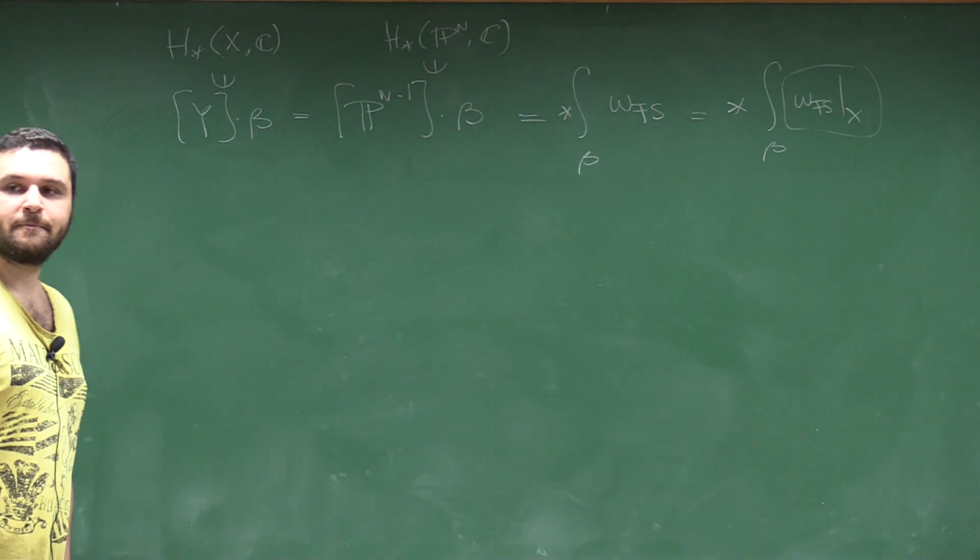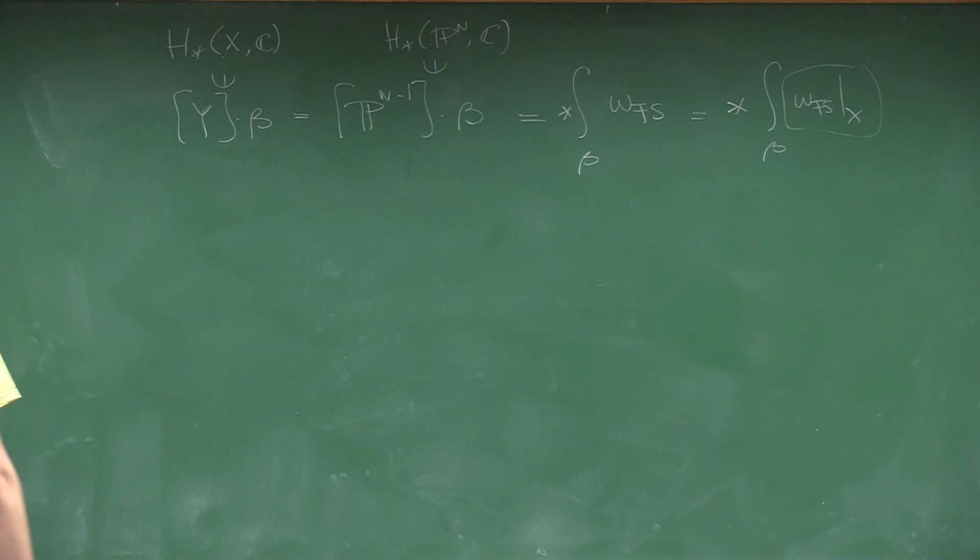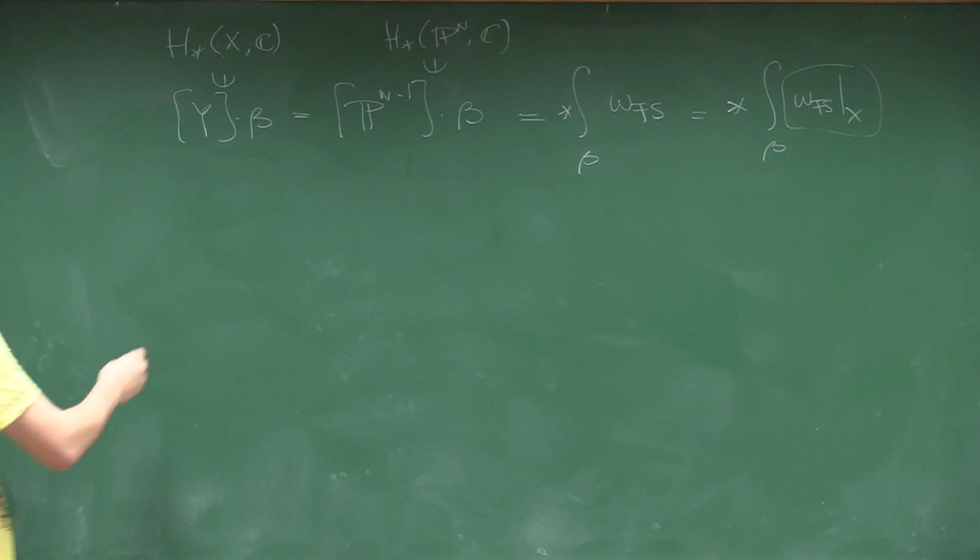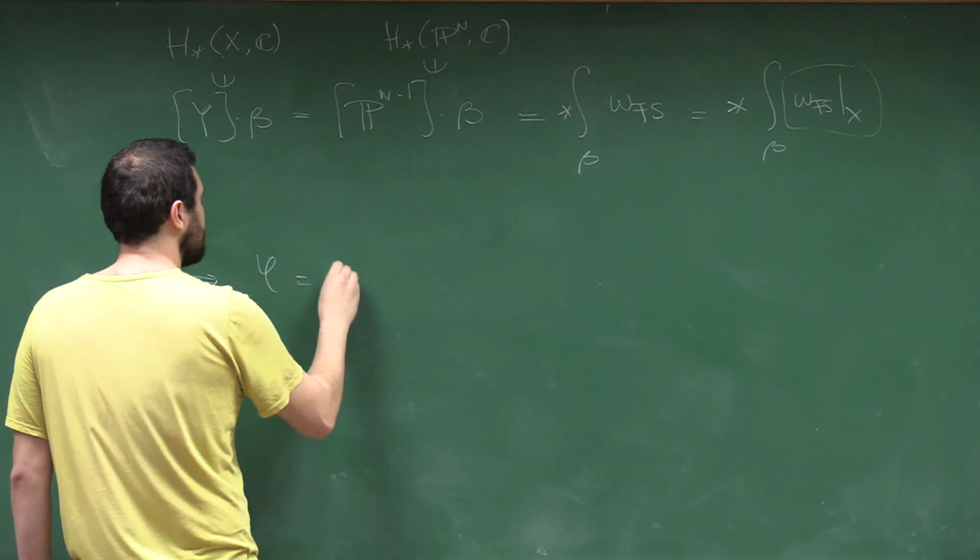So in particular, we conclude that this map is in fact the Lefschetz operator times some non-zero constant. So this phi is something times L.